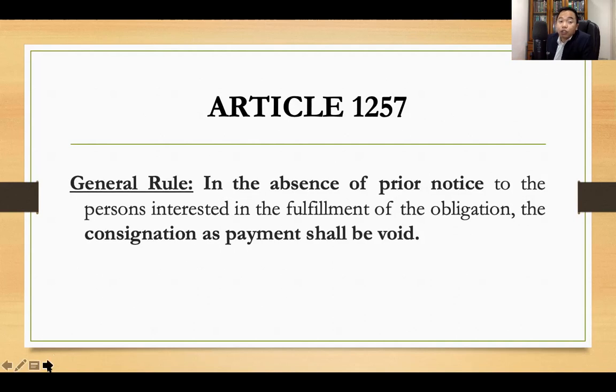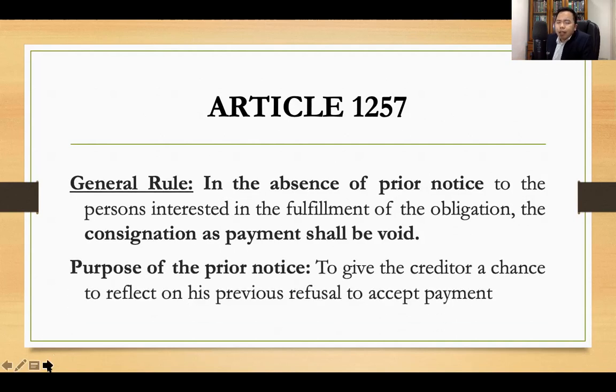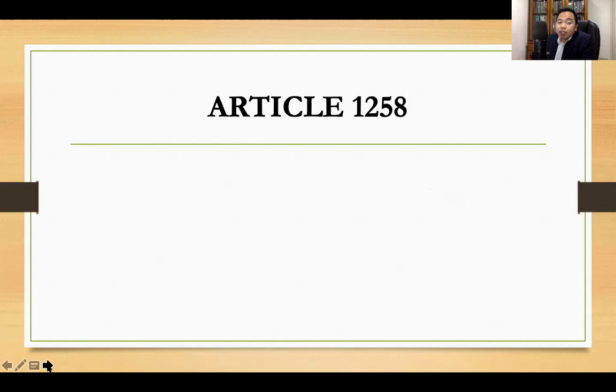The first notice. Now, what is the purpose of notifying those persons interested in the fulfillment of the obligation before consignation is made? This notice is to give the creditor a chance to reflect on his previous refusal to accept payment and accept payment before consignation is to be made.